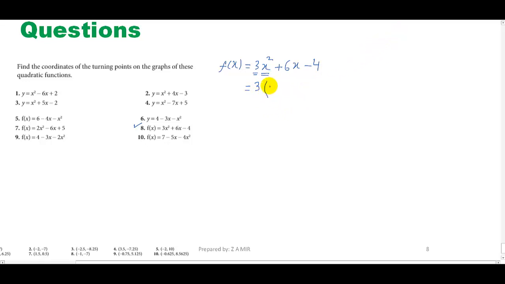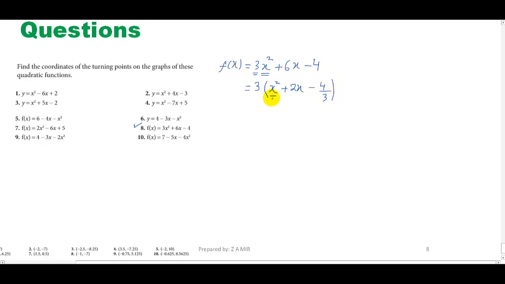When we take 3 common, it means we will divide every term by 3. So I will divide this first term by 3, it will be x squared. Then I will divide this second term by 3, it will be 6 divided by 3, 2x. So now I will divide this as well, it is 4 over 3.